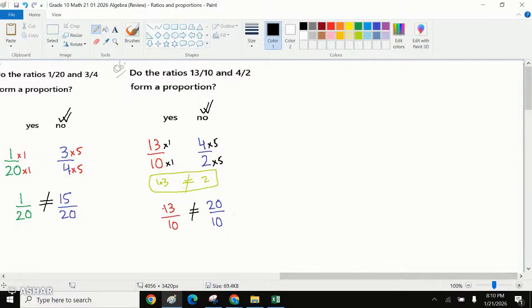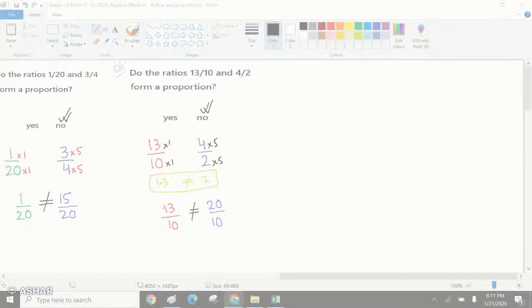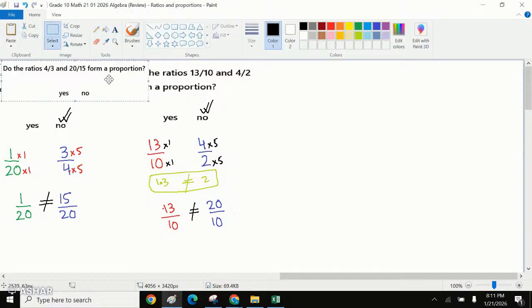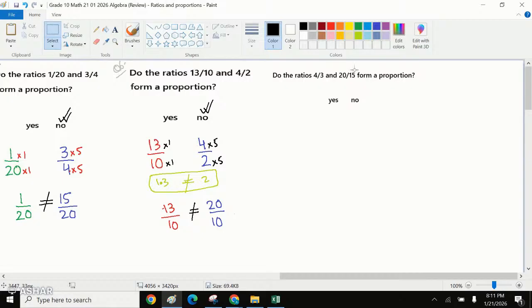So moving on to the next question, if I would say, do the ratios 4 upon 3 and 20 upon 15, okay? Let's do it double times. Let's make something else out of this also. Yes or no? Okay.